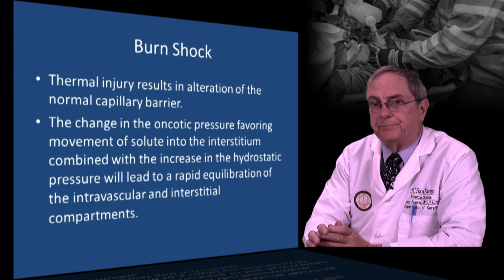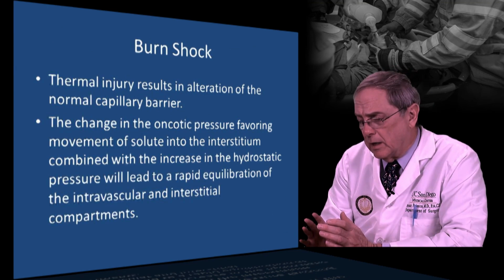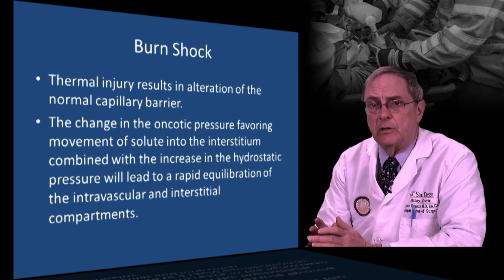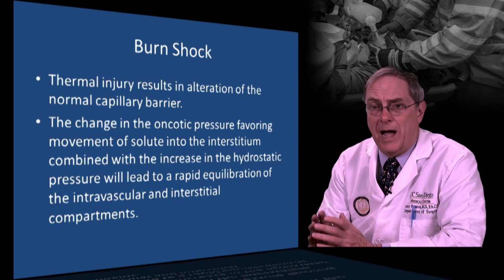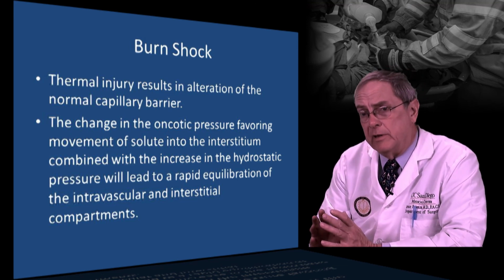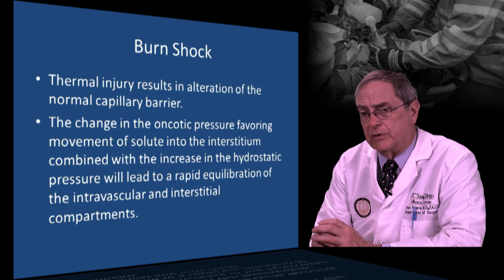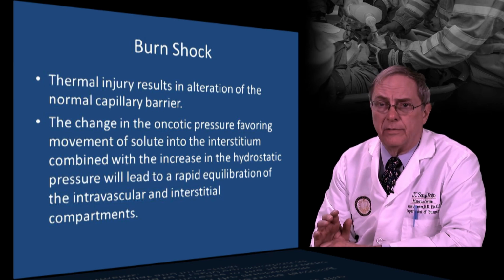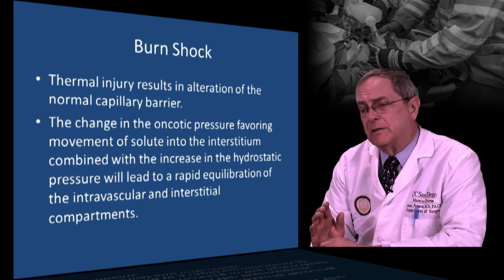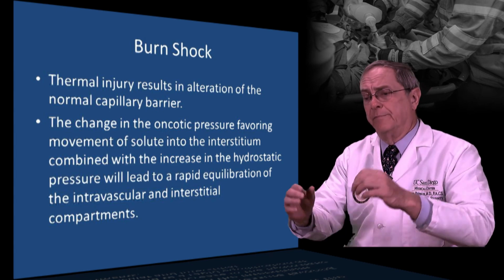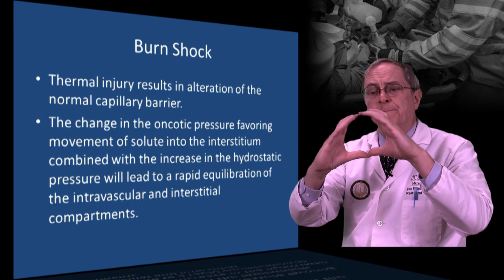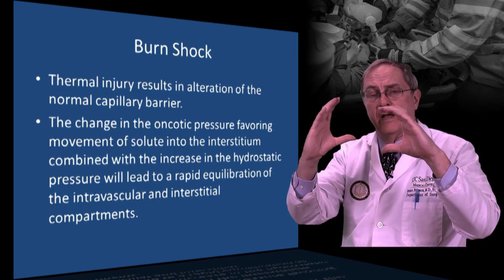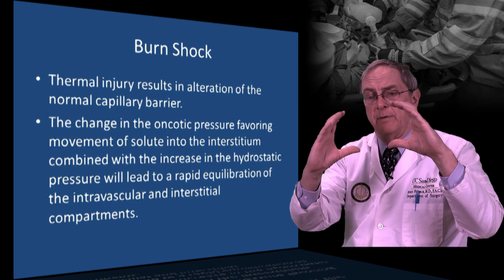What happens then? When the cytokines are released, and in particular IL-1, IL-2, IL-6, and probably the biggest actor here is tumor necrosis factor, when that begins to work on the vascular endothelium, the cells that line the capillary, if this is my capillary, and my endothelial cells, I have two, one on each side of the capillary.